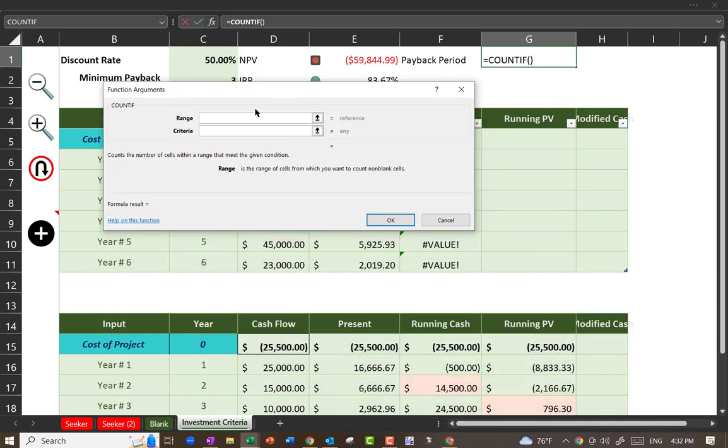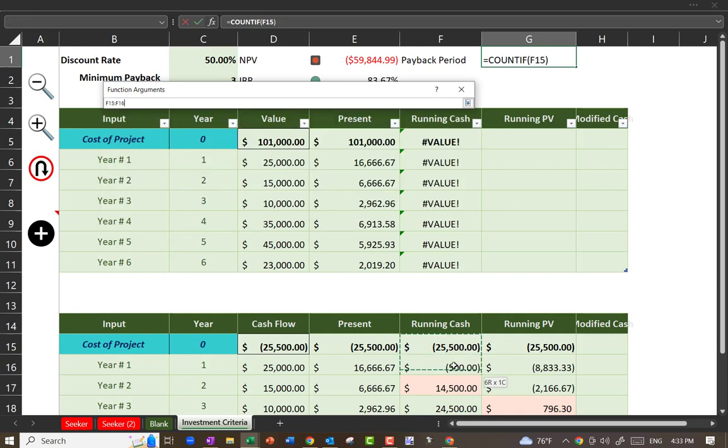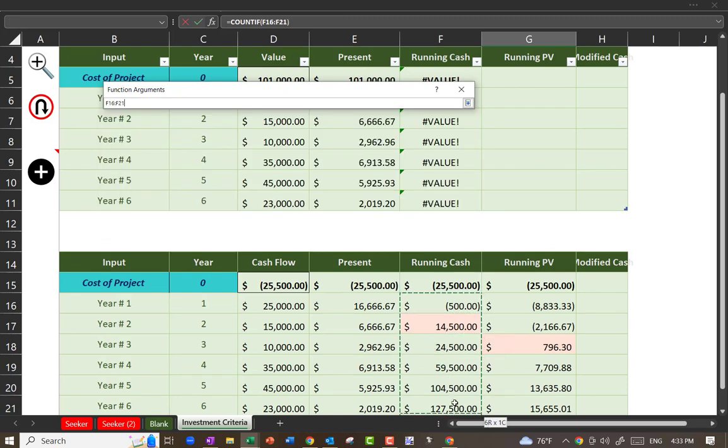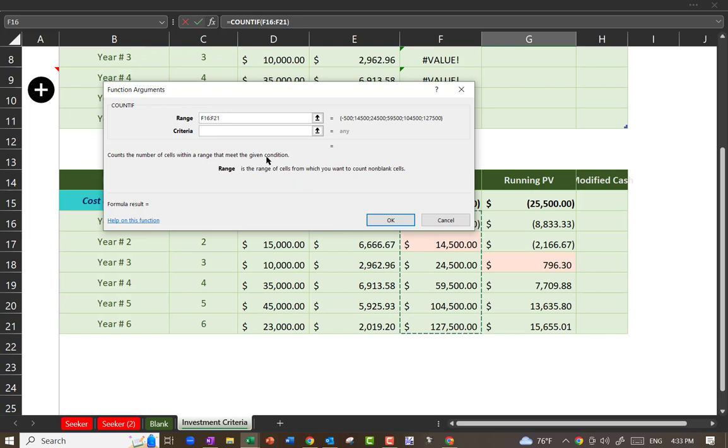The range is the range of cells from which you want to count non-blank cells. Okay, and this is my range. Actually, no. This is my range. And criteria is greater than 0. I'm sorry, less than 0. And you have to put it in quotation marks.